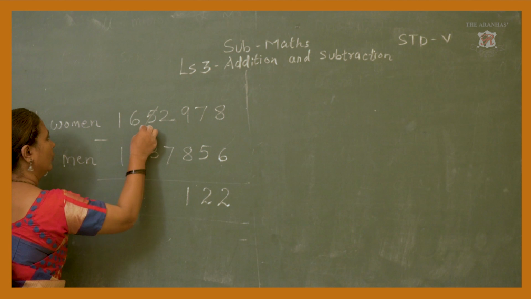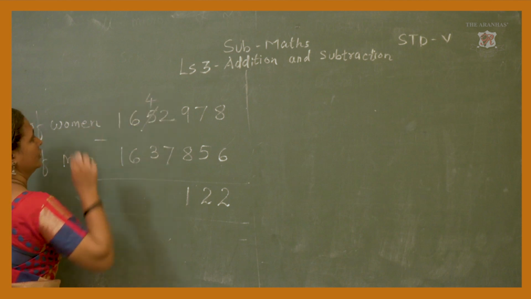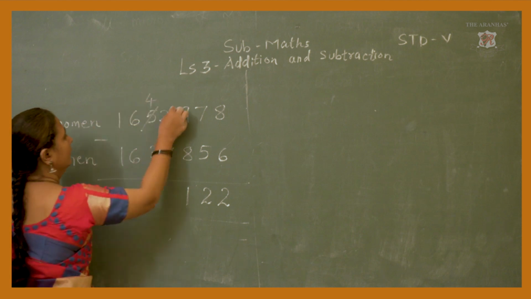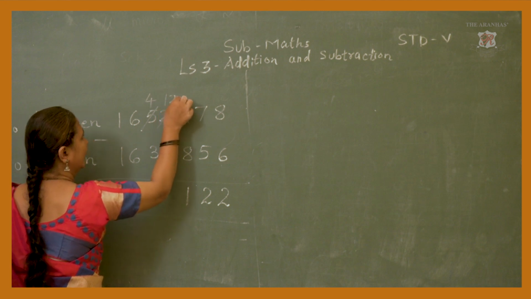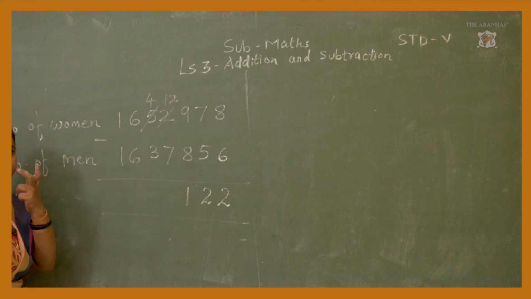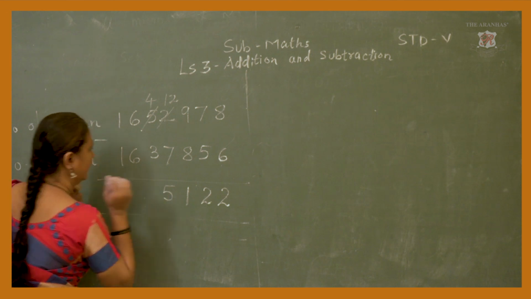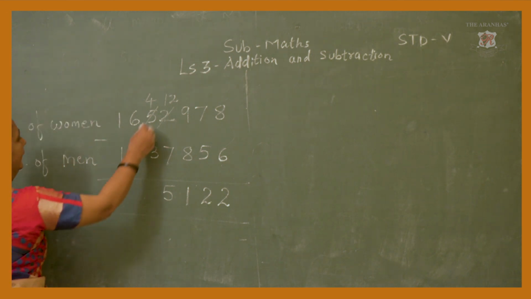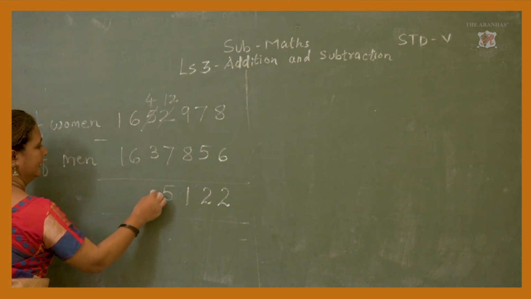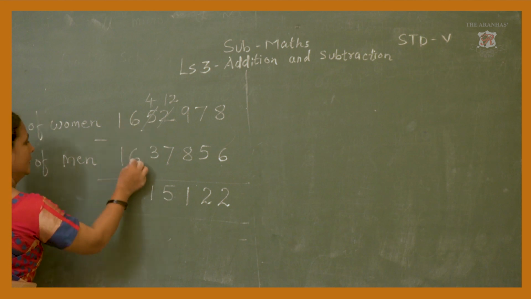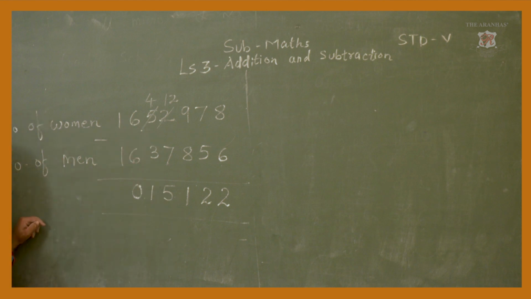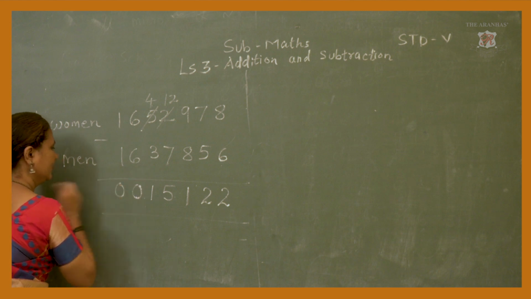So cut 1 from this number 5. It becomes 4, and for 2 it is 12. Then 12 minus 7, 5. Then 4 minus 3, 1. 6 minus 6, 0. 1 minus 1, 0.